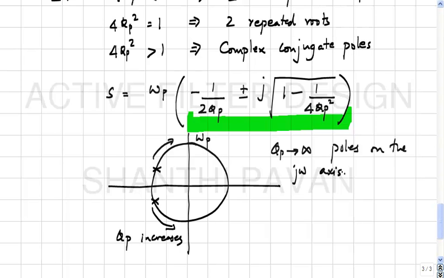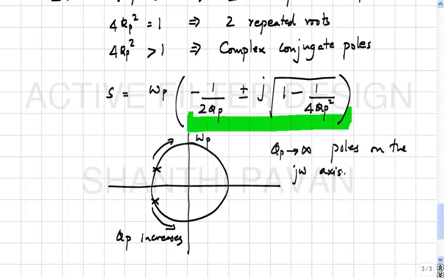Okay. So this is the motivation. In other words, the closer the poles of a lossless network are to the j omega axis, the better you can say about the quality of these lossless elements. If you have good inductors and good capacitors, they are supposed to be lossless, in which case the poles of an impedance formed using such elements will be on the j omega axis.